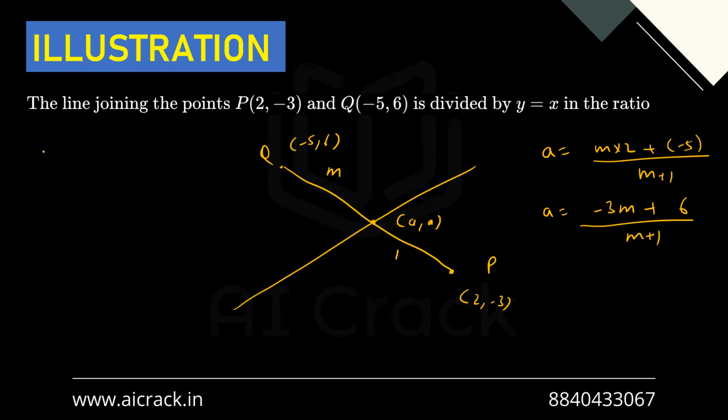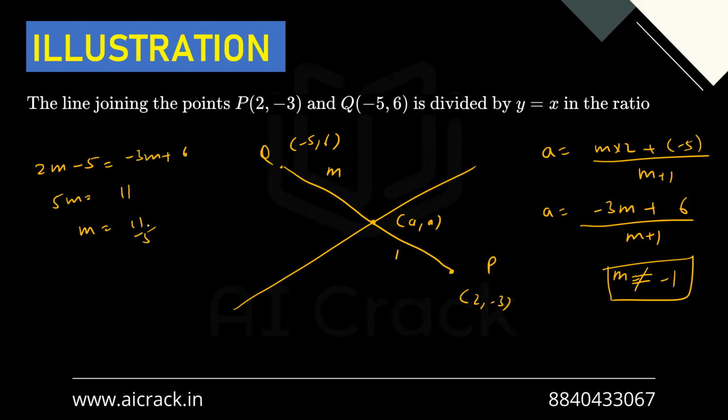Now if I equate both of them, I'll get 2m minus 5 equals to minus 3m plus 6. I've cancelled out m plus 1, because m is not equal to minus 1. I'll tell the reason afterwards. So basically 5m equals to 11, and m equals to 11 by 5.